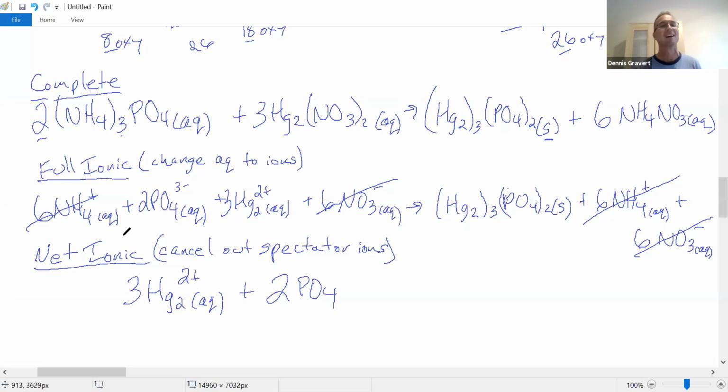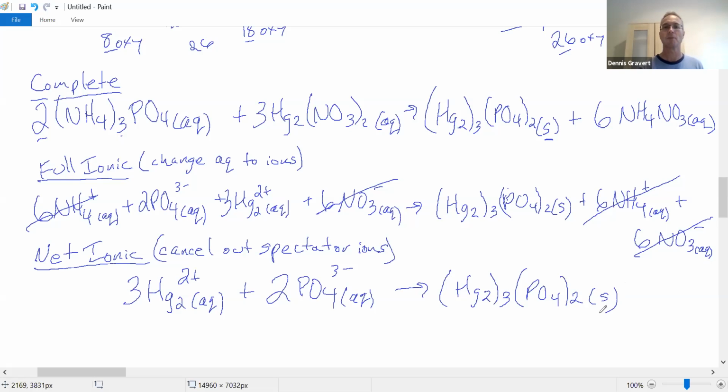Keep subscripts too, but keep the coefficients, the 2 and the 3. That's aqueous, and it's a 3 minus charge. And it's forming a precipitate, and there's the formula for the precipitate. And now we have the net ionic equation.